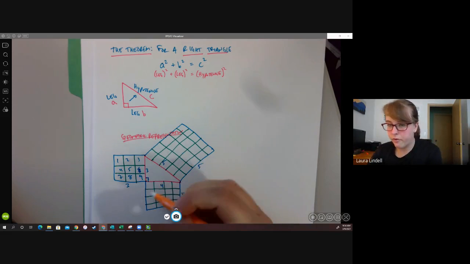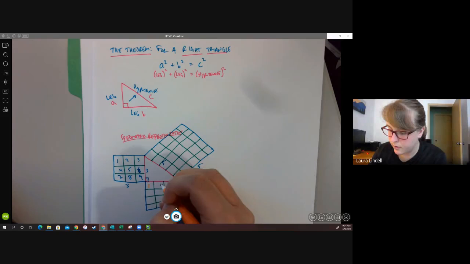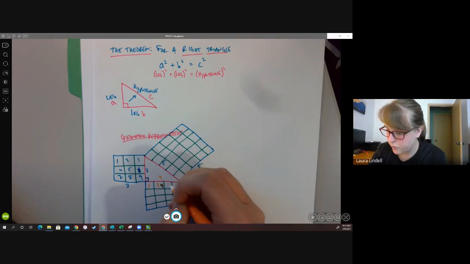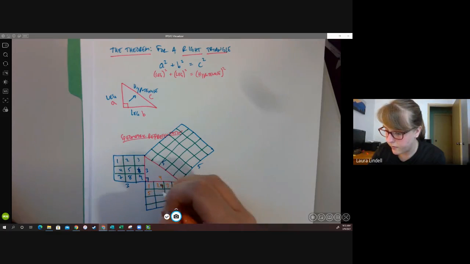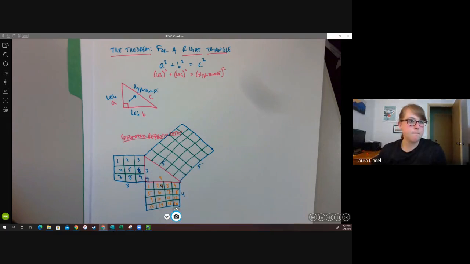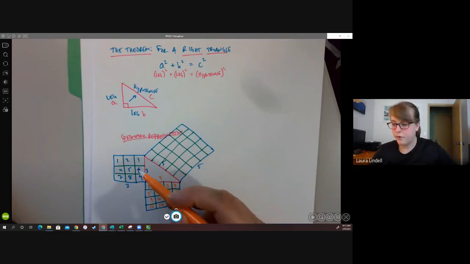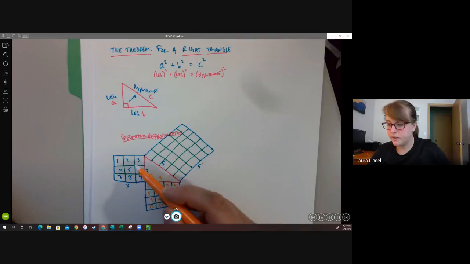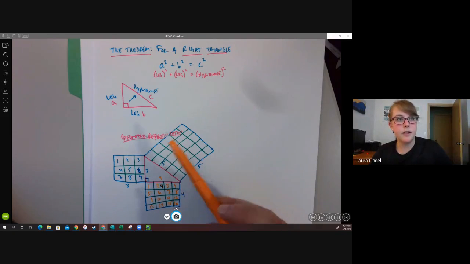And then on a 4 by 4, inside of here, there are 1, 2, 3, 4, 5, 6, 7, 8, 9, 10, 11, 12, 13, 14, 15, 16 squares. So 3 by 3 is 9 squares in here, 4 by 4 is 16 squares in here. In here, there should be 25 squares, right? Because it's a 5 by 5.